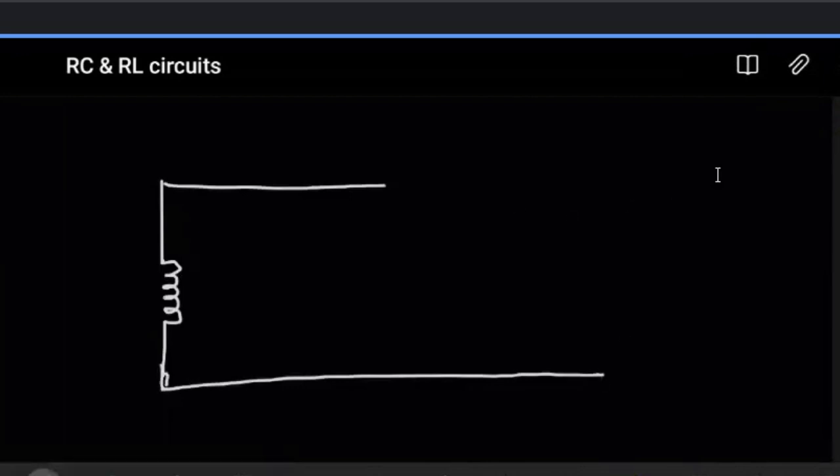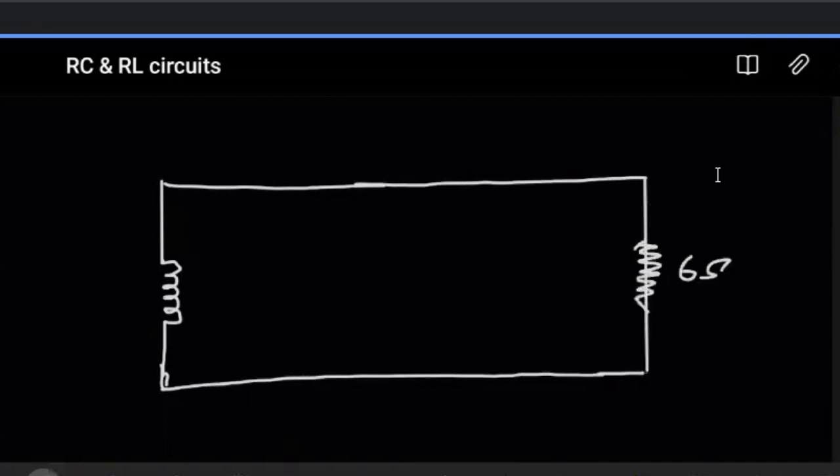And then at the far end here, we had that resistor. So the resistor is here. And this was a 6 ohm resistor. And somewhere here we had the second inductor. So this is what we have here.